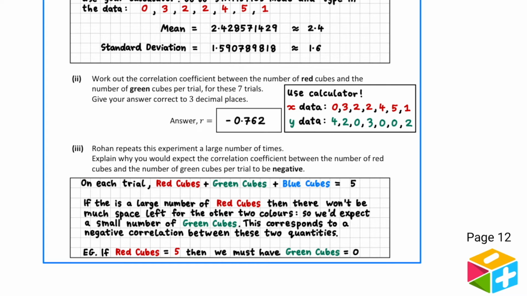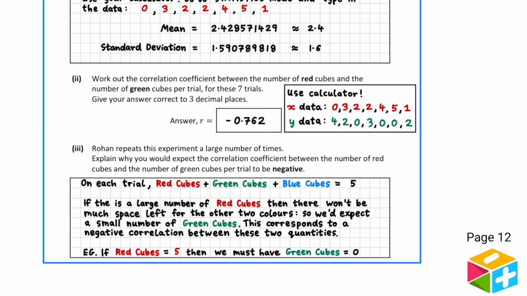Well, the core idea behind a negative correlation is that when one quantity goes up, the other quantity will go down. In this experiment, Rowan picks exactly 5 cubes on each trial. This means that the red cubes plus the green cubes plus the blue cubes must be equal to 5.